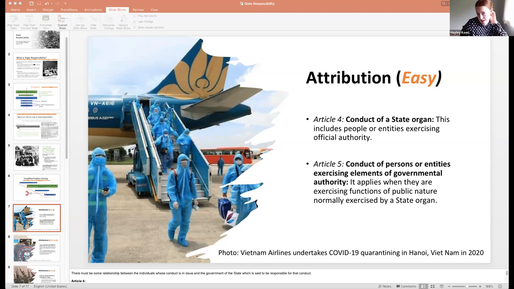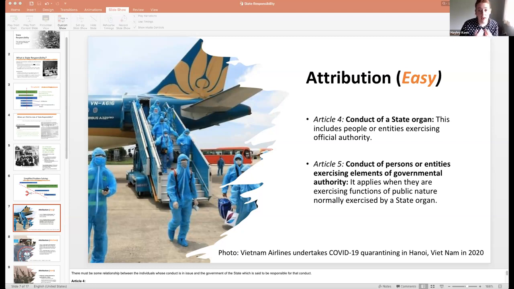Then Article 5 is a really simple one as well, where it's conduct of persons or entities exercising elements of government authority. This is when states give those powers to bodies which are not normally state organs. I have this photo up here of Vietnam Airlines because they were tasked by the Vietnamese government to do all quarantining and biosecurity measures in 2020 in response to COVID.